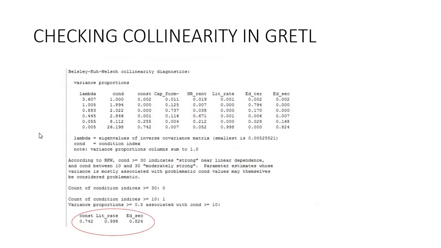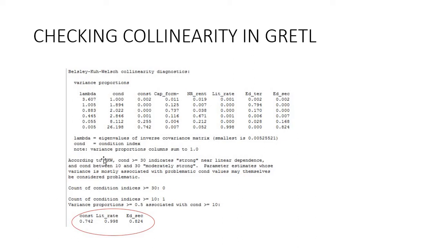Okay, so now let's discuss output. So this is the output, and you do not really have to understand all the details hidden behind this analysis. GRETL will highlight the problematic variables automatically.